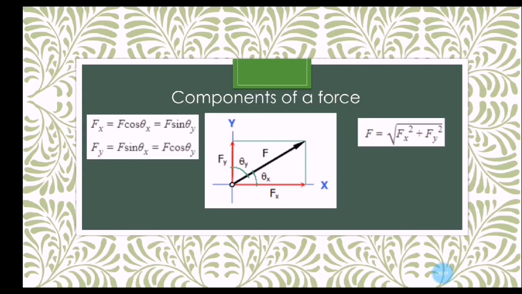Now to find the length of F, it's the square root of Fx squared plus Fy squared. This is the Pythagorean theorem, because F is the hypotenuse. So to find its length, you have to square the other two sides, add them, and take the square root. Tangent theta x equals Fy over Fx.